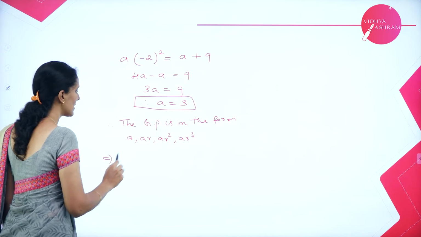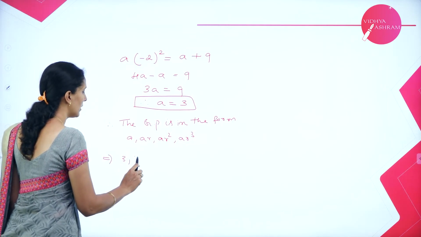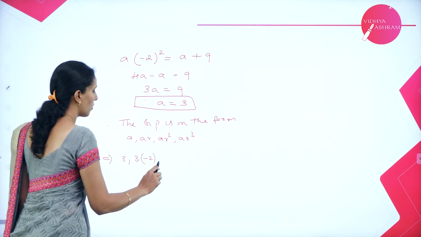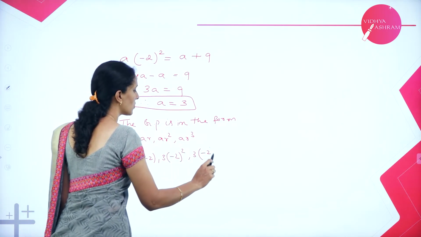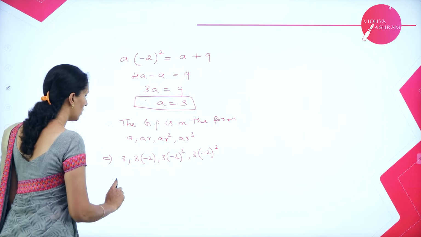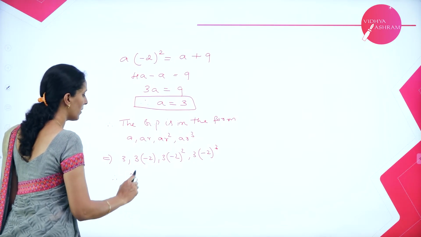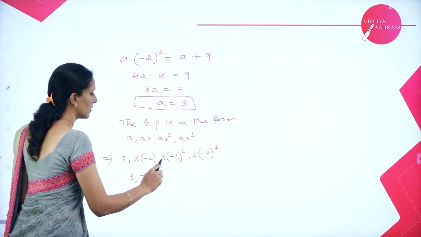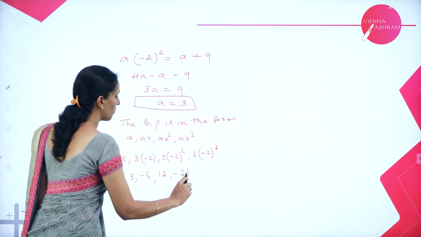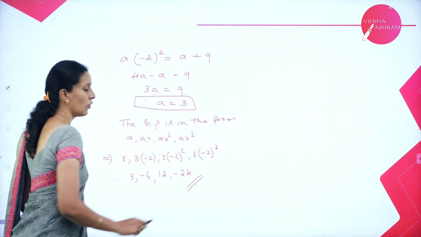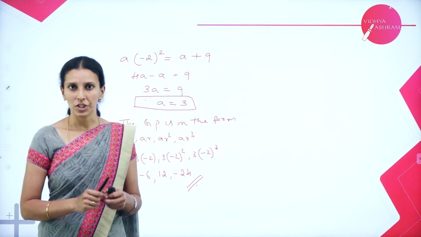So this implies 3 comma 3 into minus 2 comma 3 into minus 2 square comma 3 into minus 2 cube. Therefore, the terms are 3 comma minus 6, 12, minus 24. So these are the 4 terms of the GP.